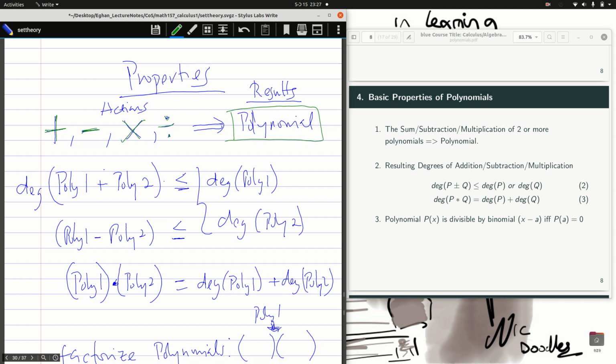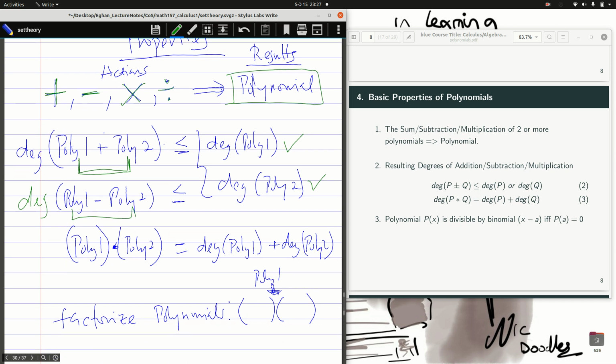But when it comes to finding the degrees of polynomial, when I add 2 polynomials, the degree of this will be either the degree of the first one or the degree of the second one. In the same way, if I find the degree by subtracting 2 polynomials, it's the same thing. It will fall under any of the polynomials.